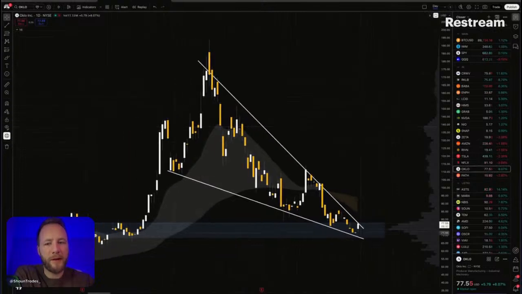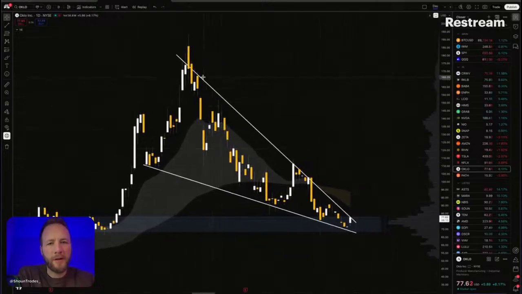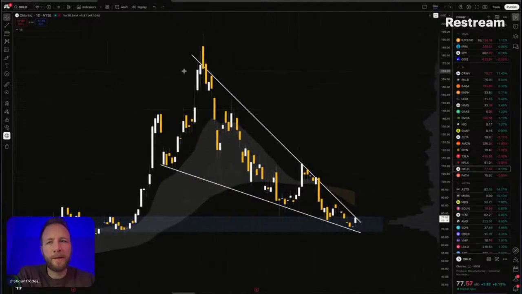But we have lots of price action at this level, between 70 and 78. Lots of volume profile here on the right side. The only thing that's not going well for it is obviously the moving averages. They're all above, but that's not everything. But if we can get a clean break of this trend line, that could potentially be pretty good.